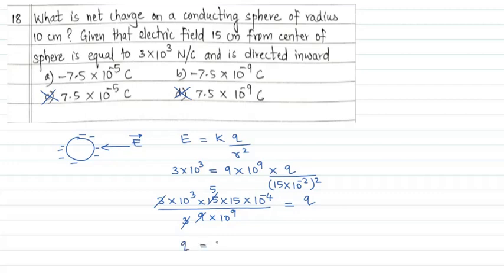So Q is equal to 75 into 10 raised to minus 1, minus 9, you will have minus 10. So 75 into 10 raised to minus 10, or you can say 7.5 into 10 raised to minus 9 coulomb. So option B is the answer.